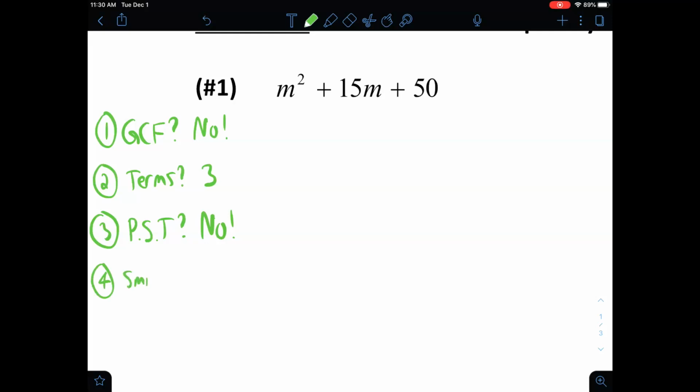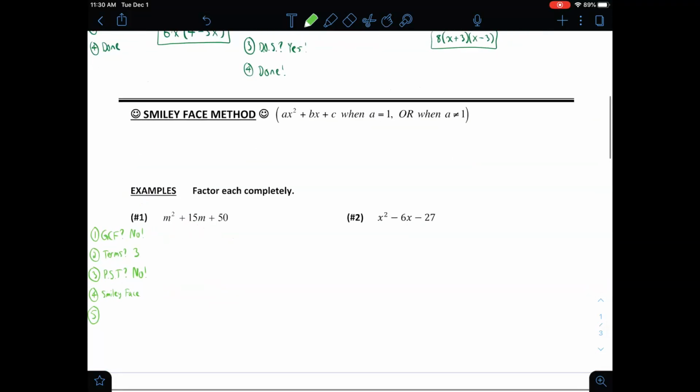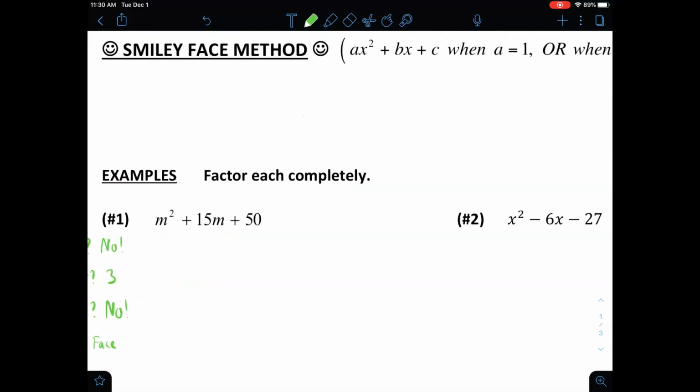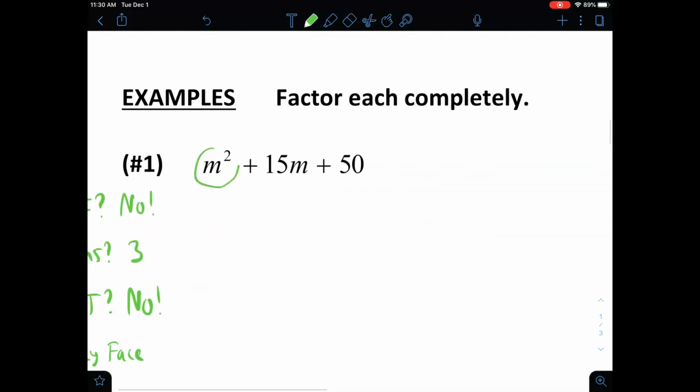So then the next thing we need to do is the smiley face method. Okay, so now we're going to go ahead and do this. We need factors of the first term and factors of the last term, things that multiply to the first term and last term that are going to give us a middle term of 15m when we add them.